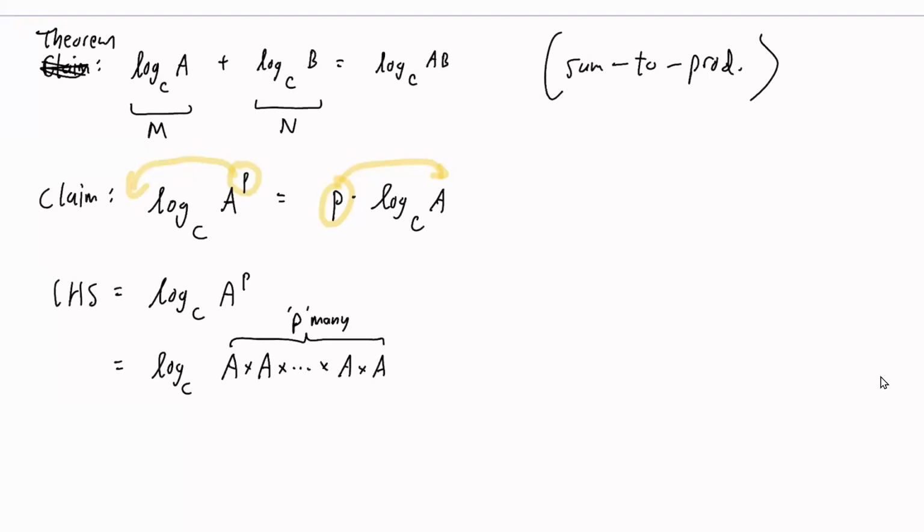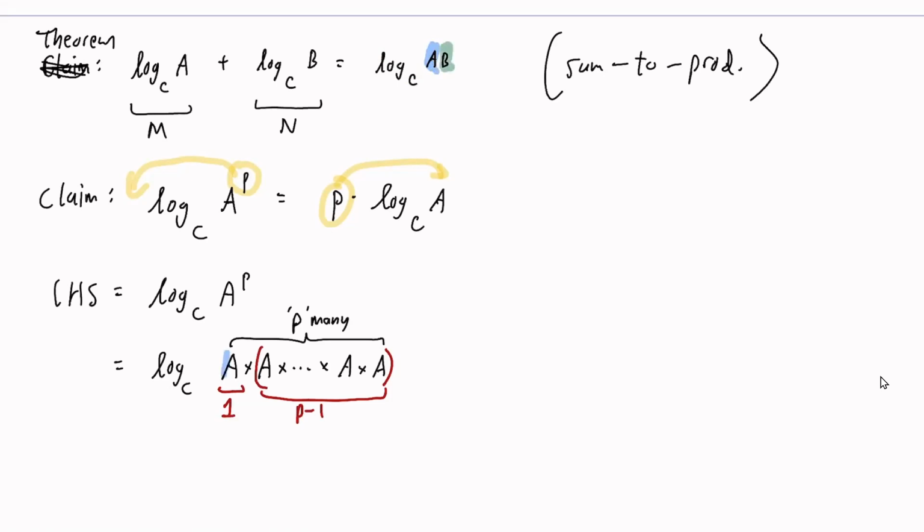But here, you can rewrite it as a times this bunch of a. So there's one of them, there's p minus one of them. Does it make sense? Okay. So now you can use this rule now. Log a b base c. You can call this, maybe I'll highlight it as blue color and green color.